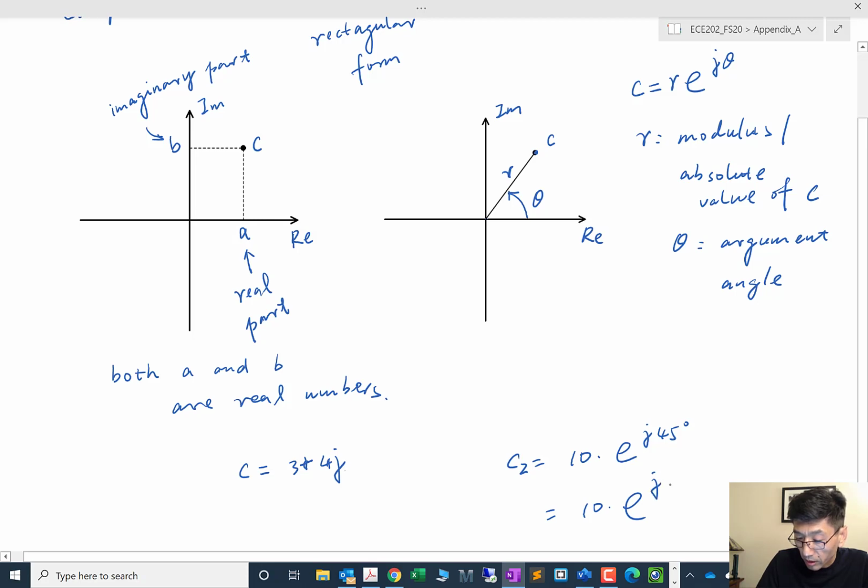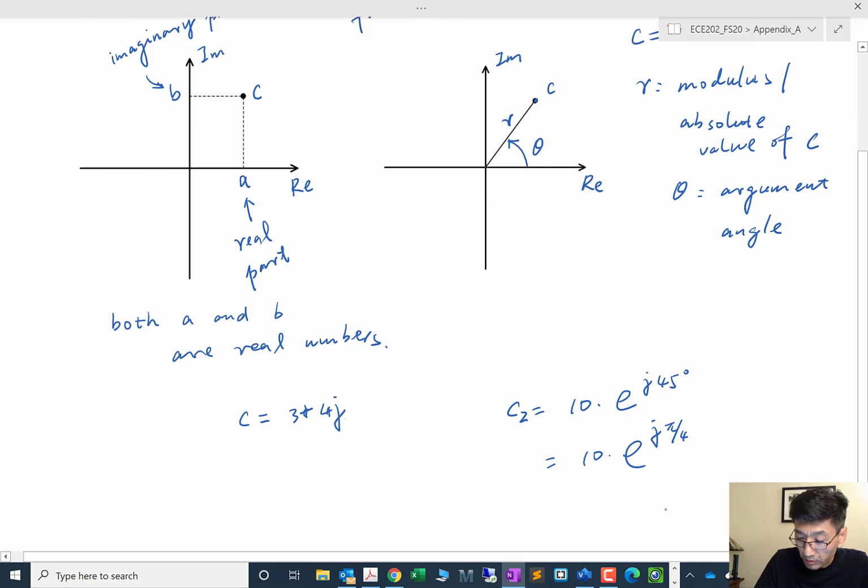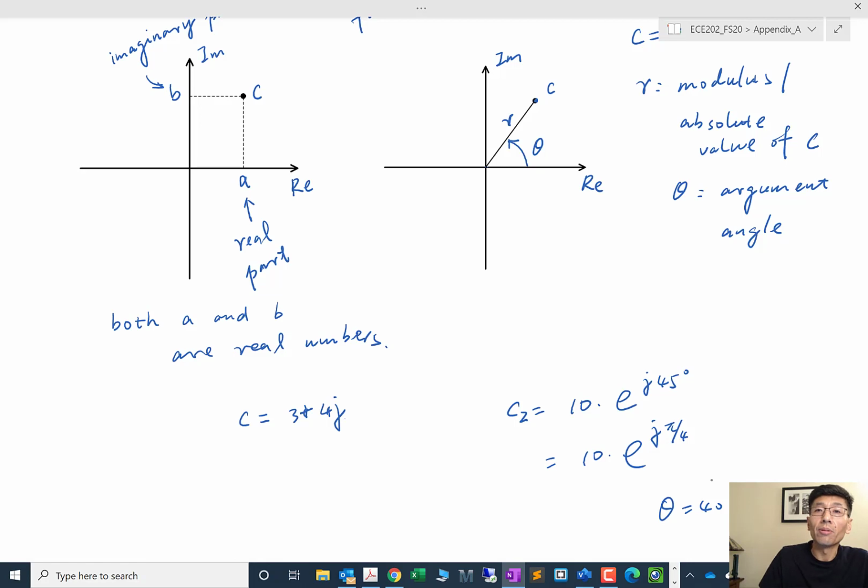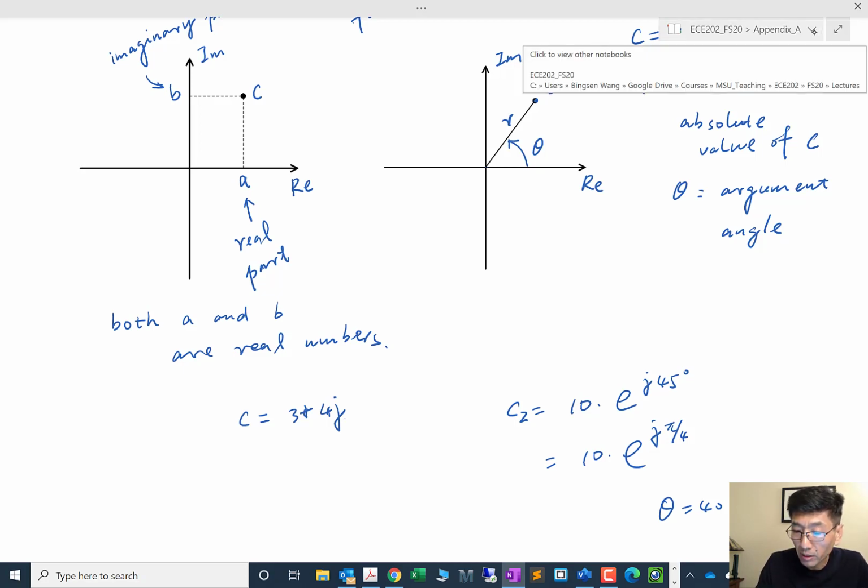So in that case, j pi over 4. That means the line between the point c and the origin makes a positive angle of pi over 4 radians, or 45 degrees, with the real axis. And the absolute value is 10. So both ways we can uniquely define a point on this complex plane.